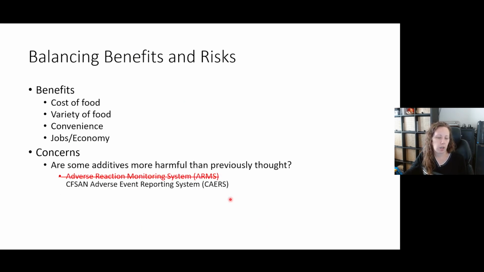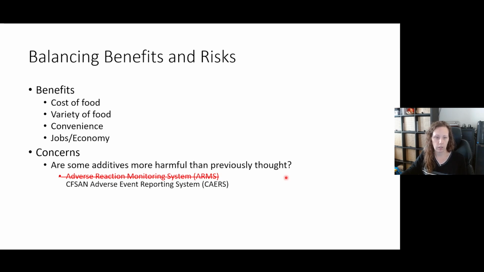The book talks about a system called ARMS that can be used to report adverse events. So like, hey, I consumed this additive and I think that it caused me to whatever. It's not a mistake in the book. It was probably accurate when it was written, but now ARMS does not exist, and instead there is the CARES, run by CFSAN, which stands for the Center for Food Safety and Applied Nutrition.